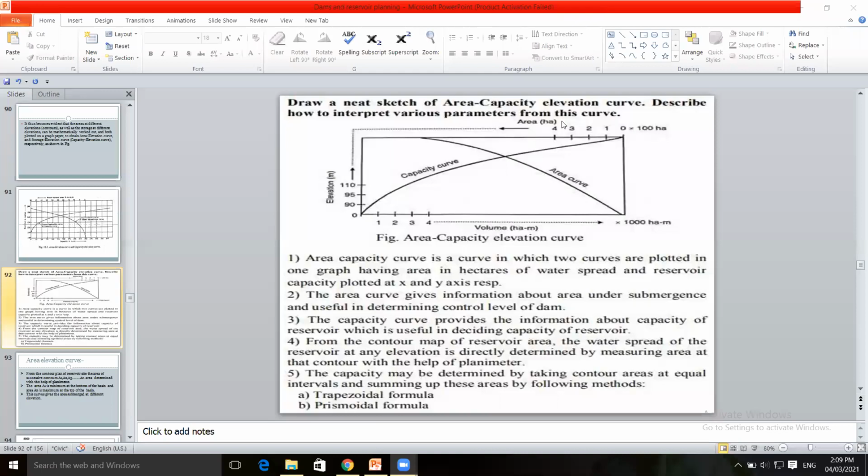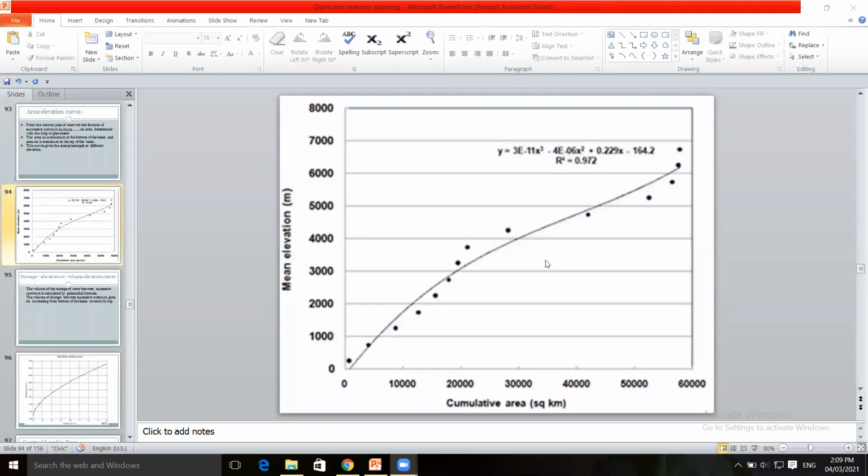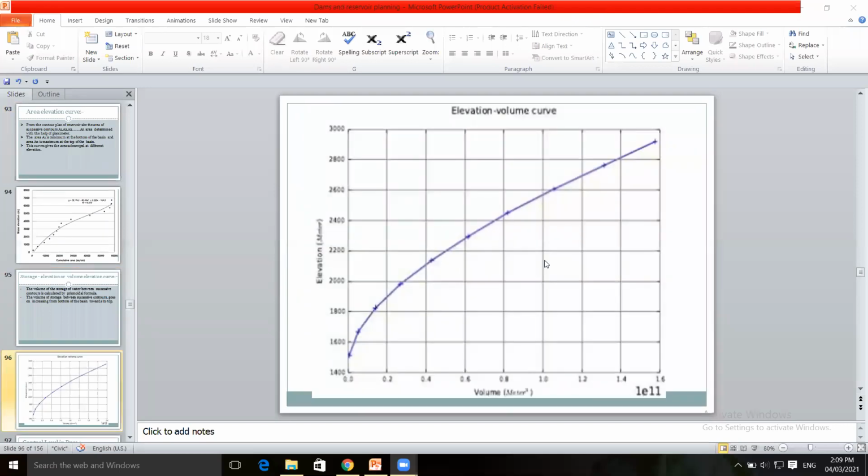Area is measured in hectares or square meters. This is a storage elevation curve or capacity elevation curve.